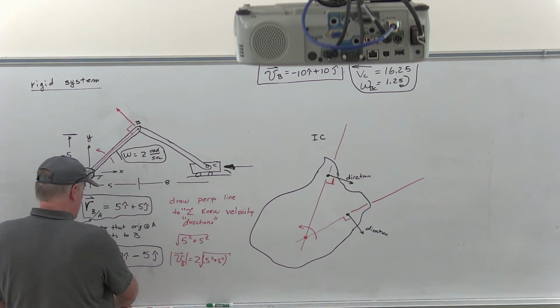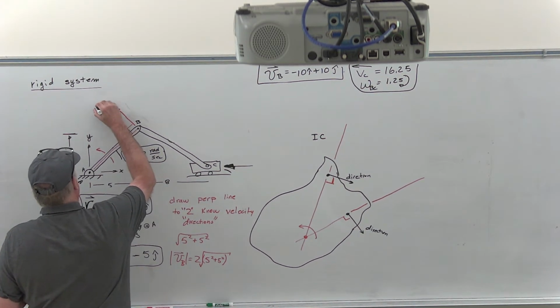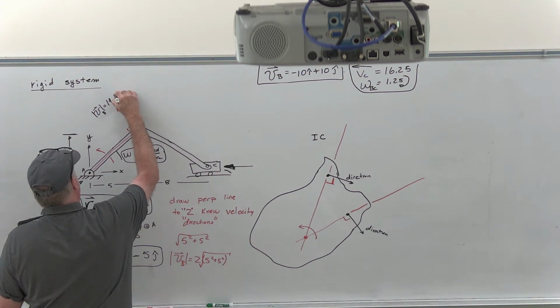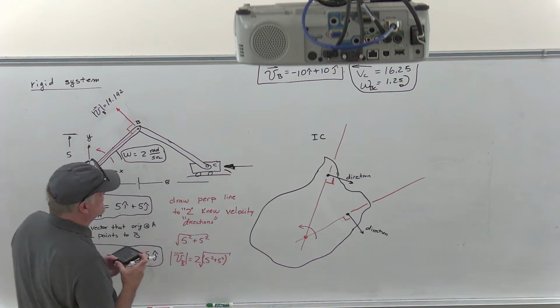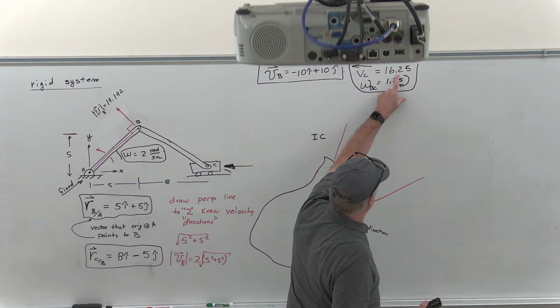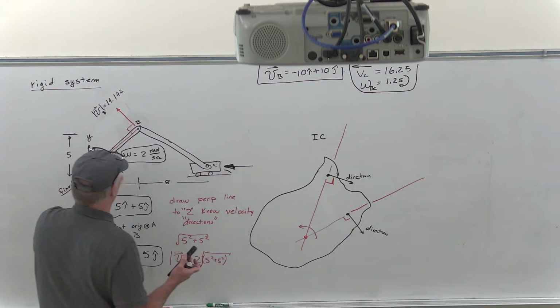The velocity magnitude here at B is 14.142. So I may not get exactly the same thing. I might get 16.255 or something, because I'm going to start truncating a few numbers along the way.